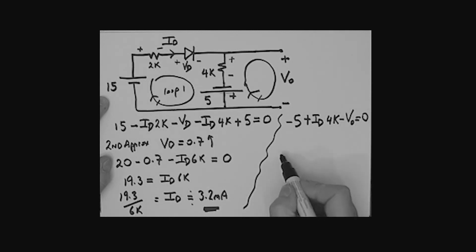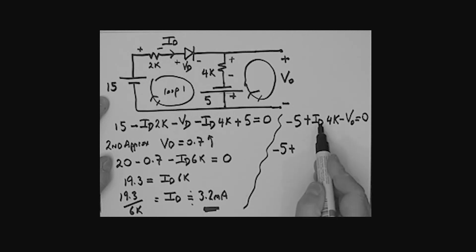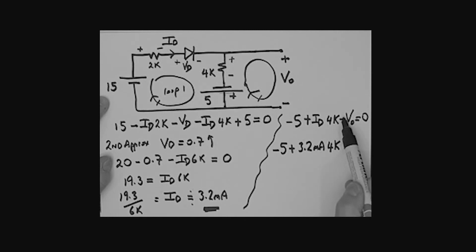So that's minus 5 plus whatever ID is, which we have worked out, 3.2 milliamps times the 4K, is equal to VO.